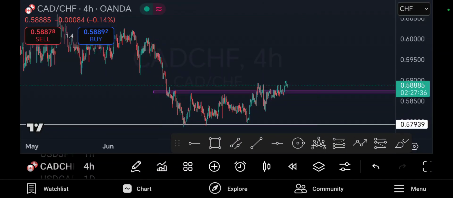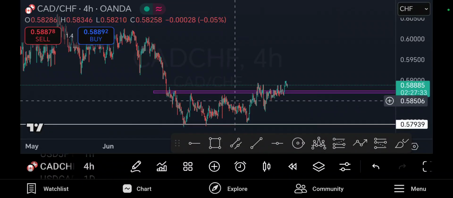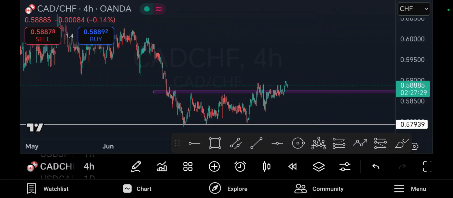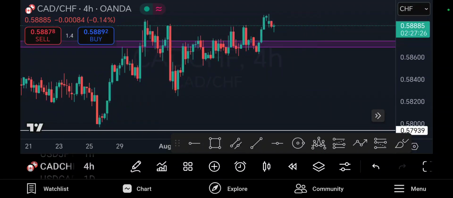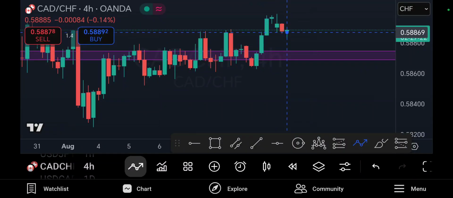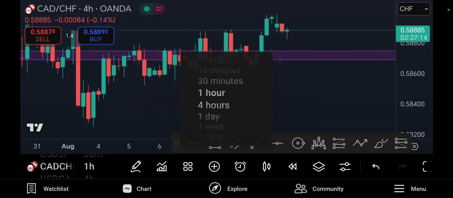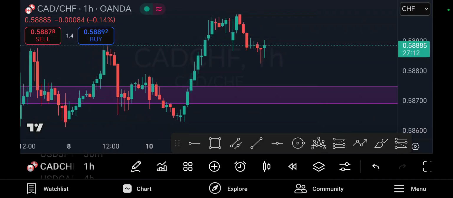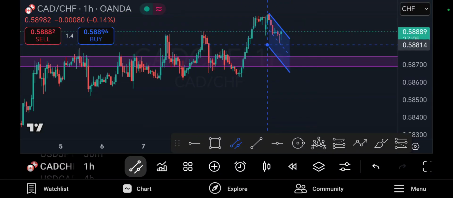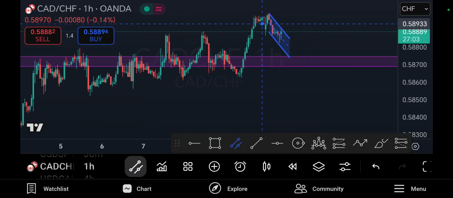It was in this consolidation for a bit, finally broke out, but it's still consolidating in a way. So we can just wait for it to maybe give us that retest to the downside, because as you can see, it's already forming that reversal pattern.